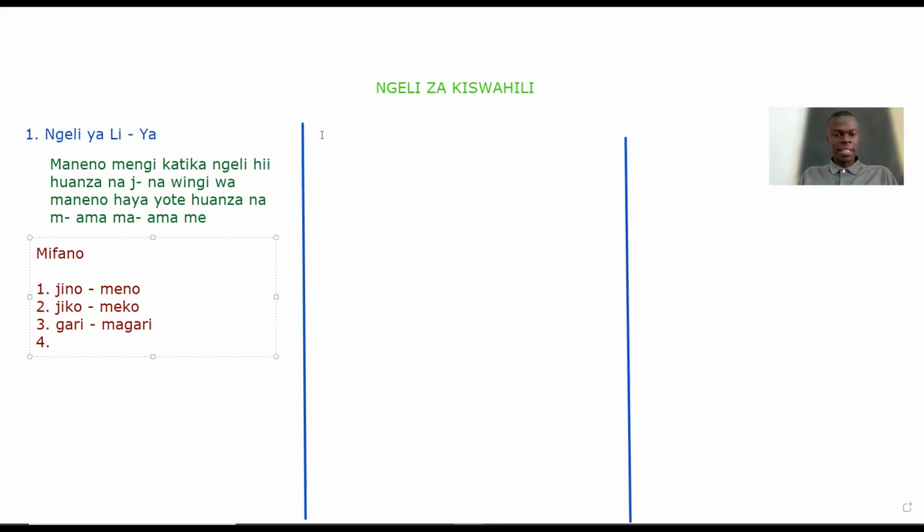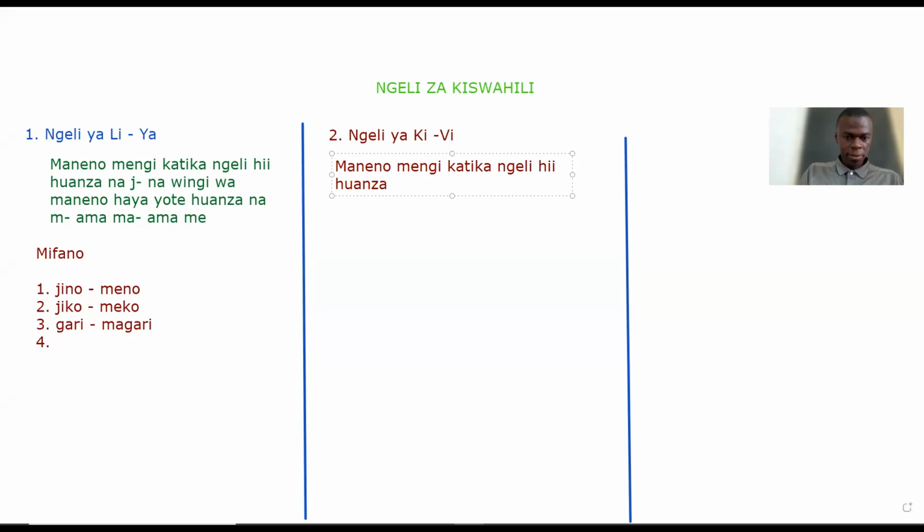Then I can come over here and sema ngeli ya pili ni ngeli ya kiwi. So though I have not changed the color, but I'll change the color afterwards. So nitasema maneno mingi katika ngeli hii huanza na ki ama cha.